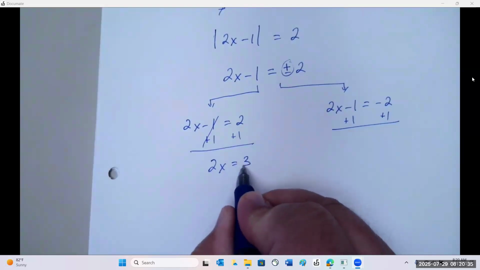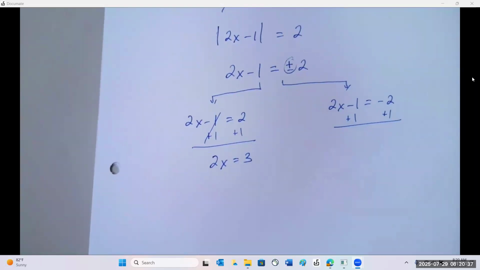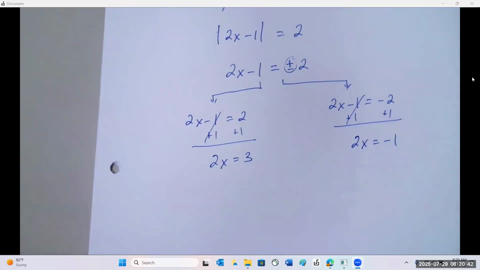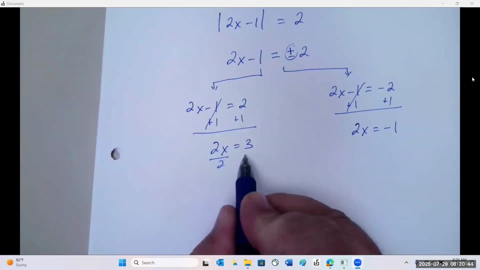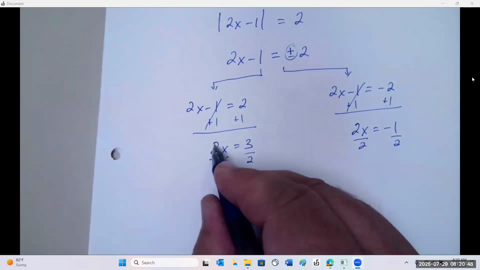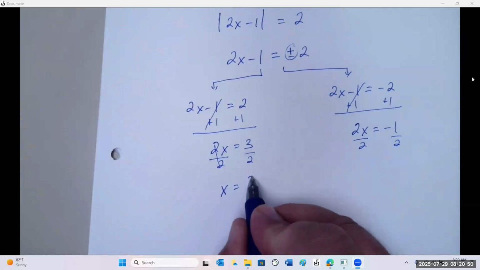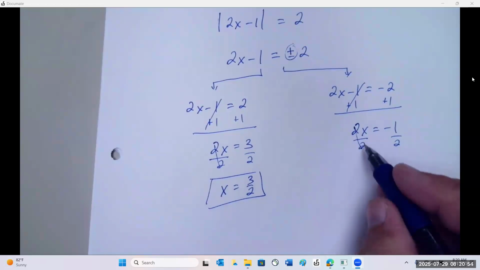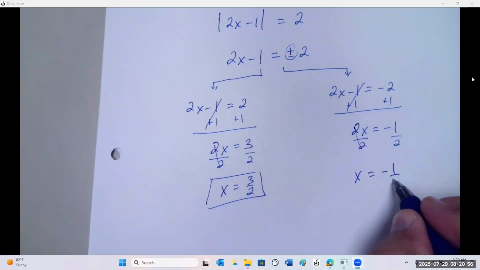2x equals 3. 2x equals negative 1. Solve for x, I divide by 2. X is equal to 3 over 2. And x is equal to negative 1/2.